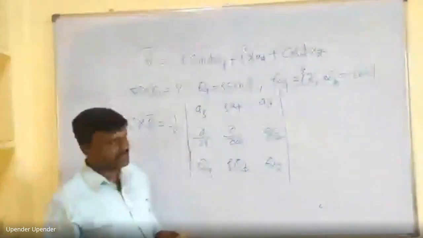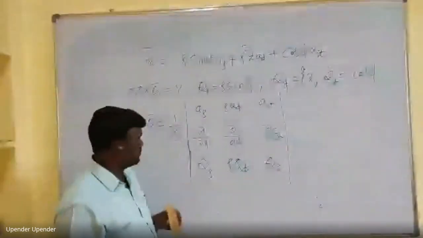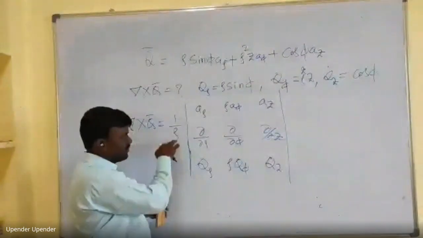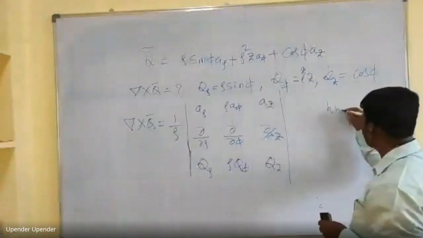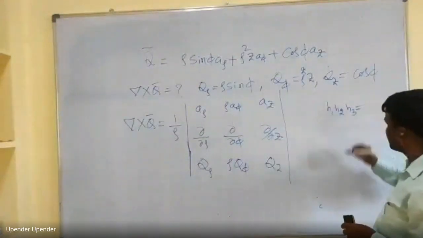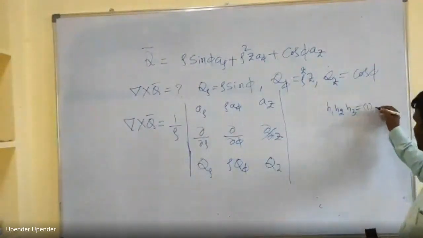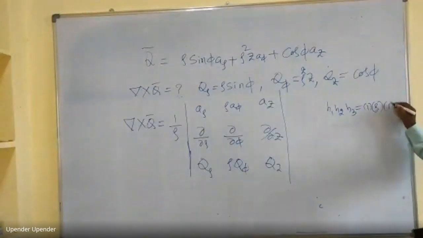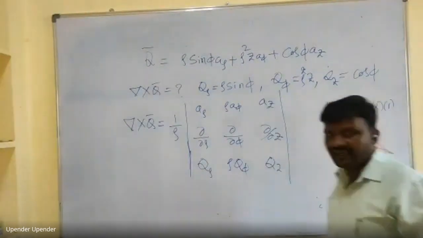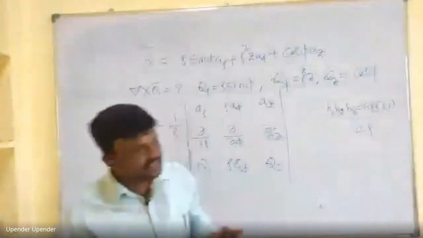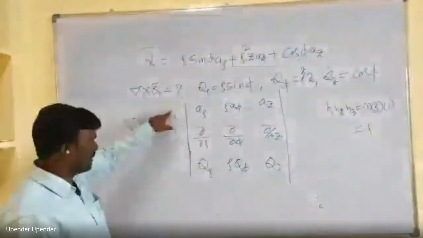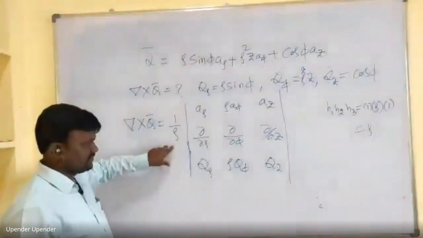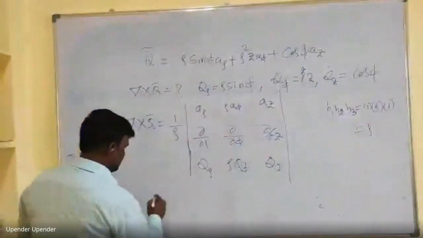That much is simple. Of course, you have to remember this 1 by rho. Actually, this 1 by rho comes from 1 by h1 h2 h3, where h1 is 1, h2 is rho, h3 is also 1, so the product is rho. Now expand this one.